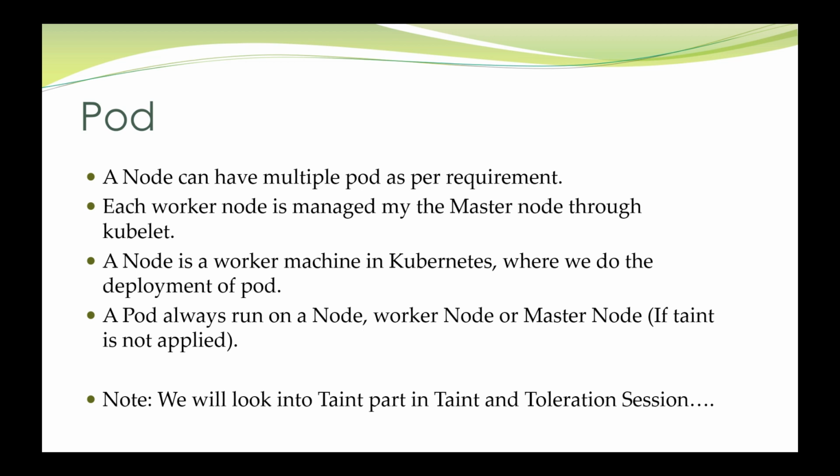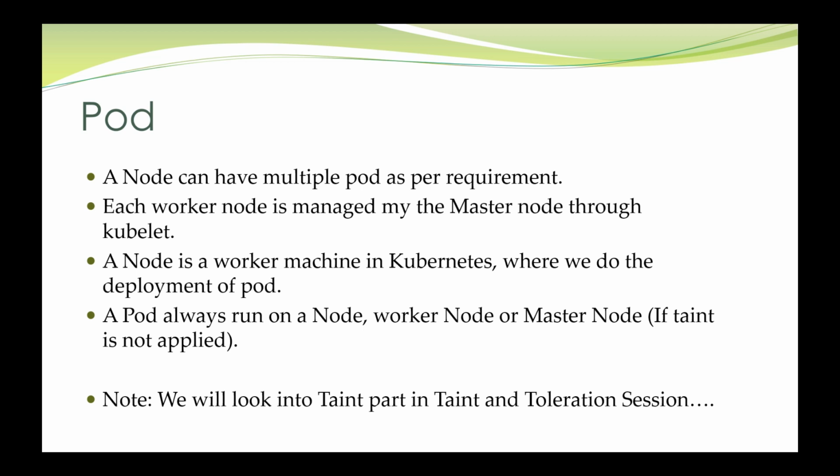In some scenarios you can deploy the pod onto the master node also, but in that case you have to check that there should not be a taint applied to the master node. Or you can put tolerations into the pod definition file so that it can meet the tolerations feature. I will discuss taints and tolerations in the next sessions.